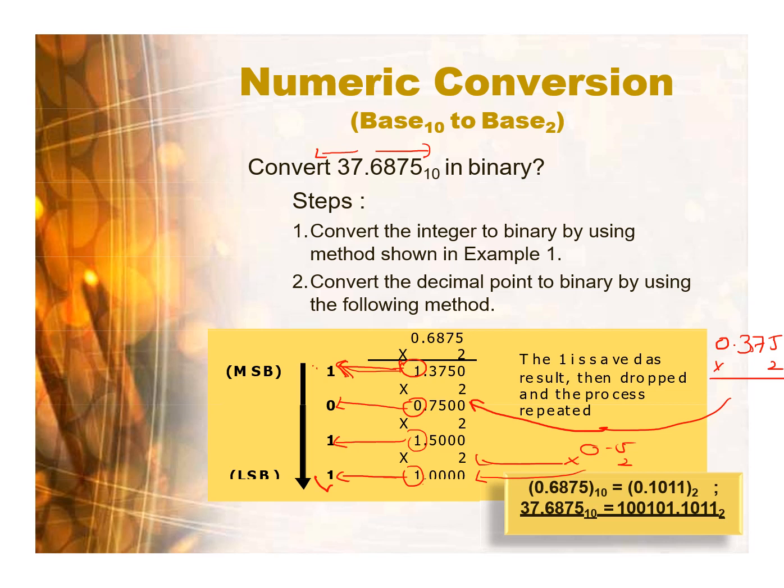And for the after floating number from the top to bottom, which is 1, 0, 1, 1. So this is how your answer of your decimal point numbers to the binary point numbers.